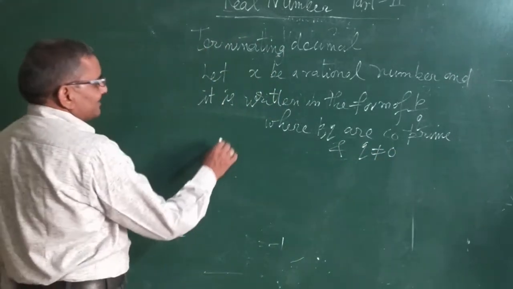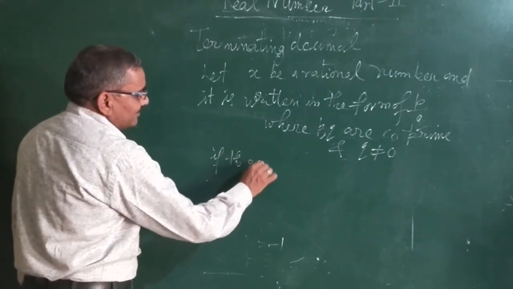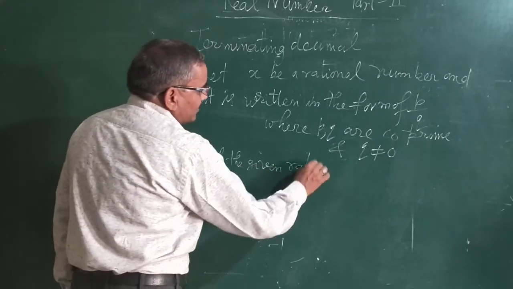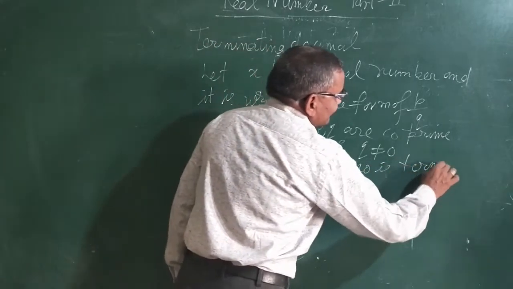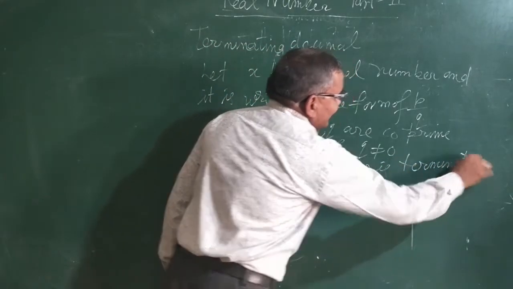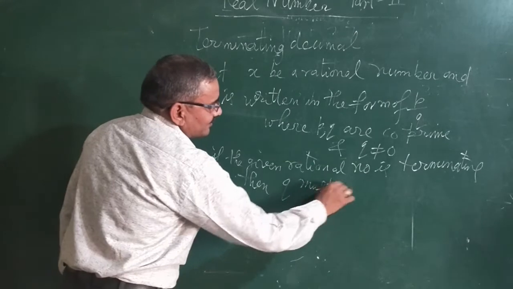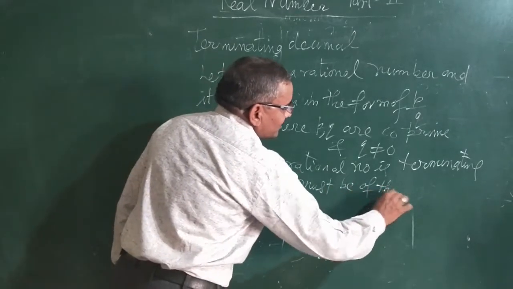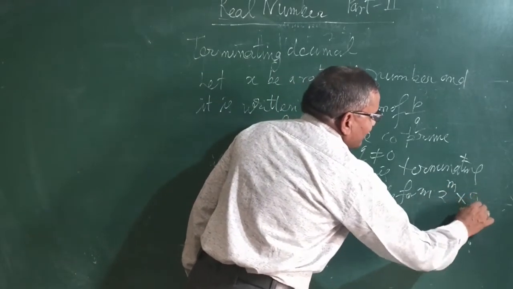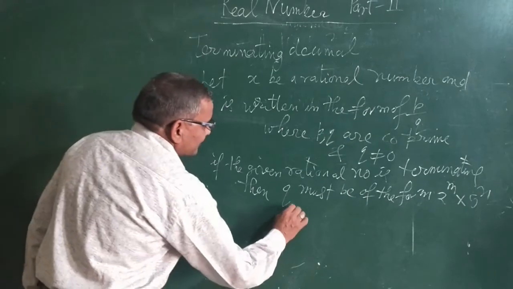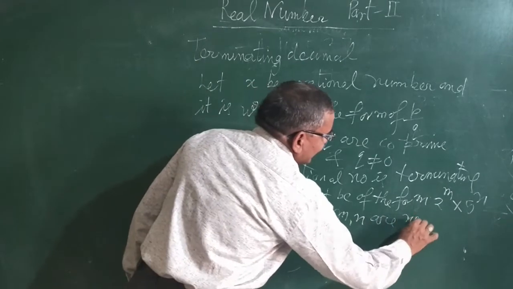If the given rational number is terminating, then q must be of the form 2 power m into 5 power n, where m, n are non-negative integers.